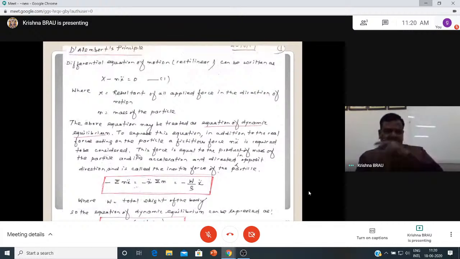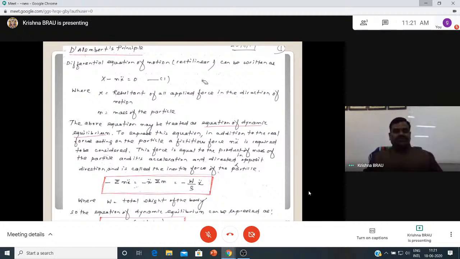How we will represent it in a rectilinear motion. In a rectilinear motion, I already mentioned, let us consider translation. In the translation, we have only 1 degree of freedom. That is the translation in x direction. Sigma Fx is equal to mass into acceleration.